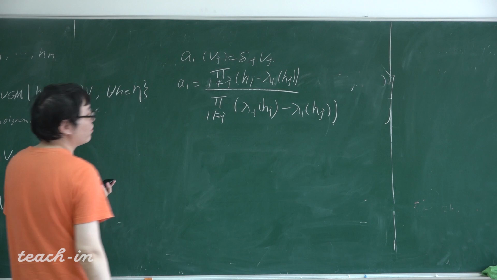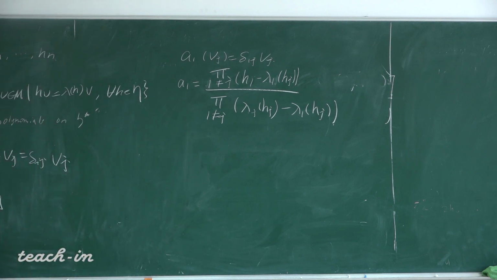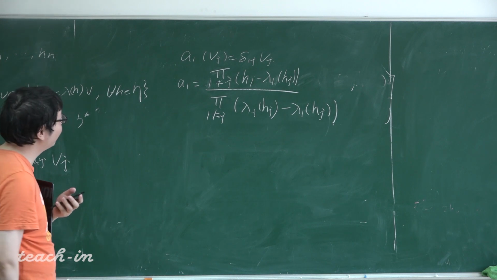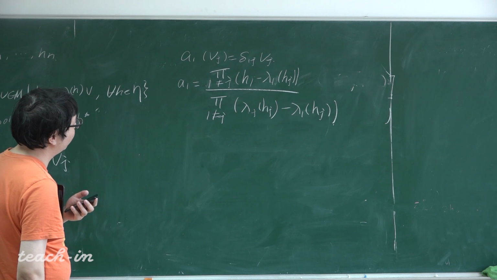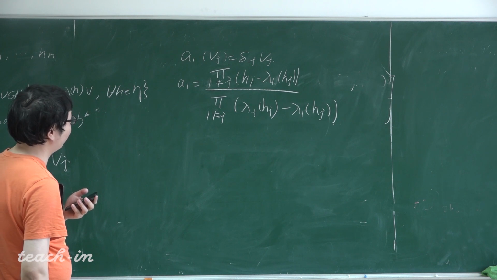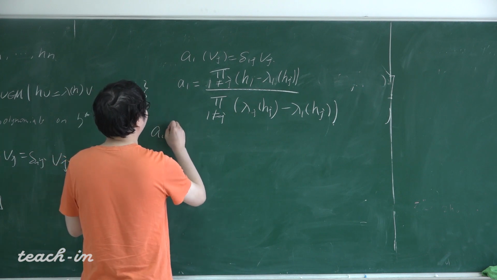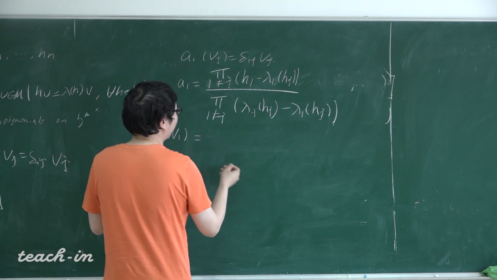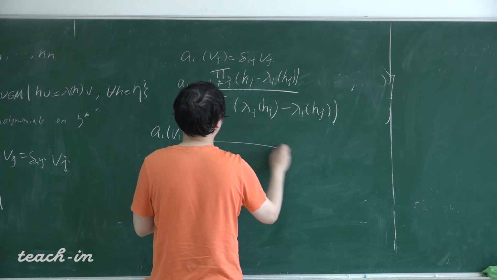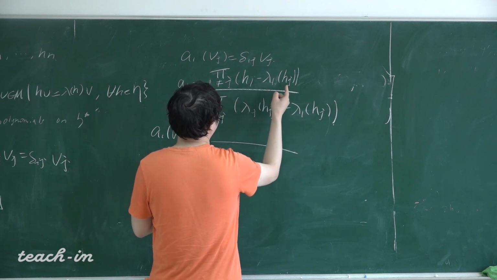So let us check at least. If I have j equals 1, then I should have A1 acting on V1 is V1. A1 acts on V1, and this is some constant.